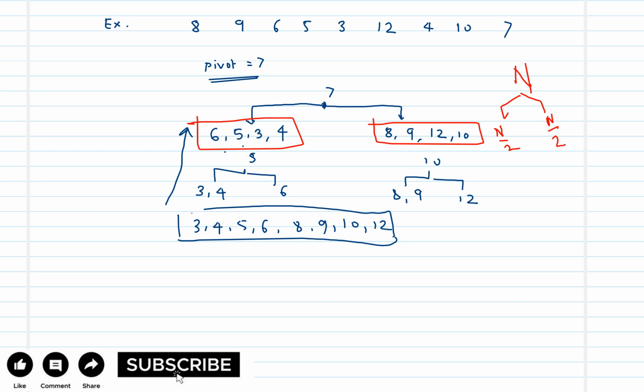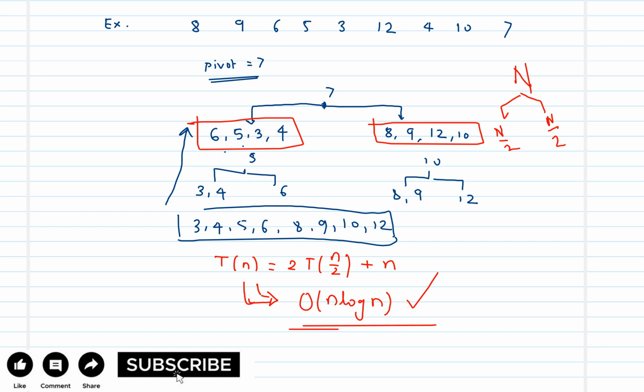So its recurrence relation is T of n equals 2 times T of n by 2 plus n. In this case, the complexity of the algorithm is big O of n log n. So the best case complexity in quicksort is big O of n log n.